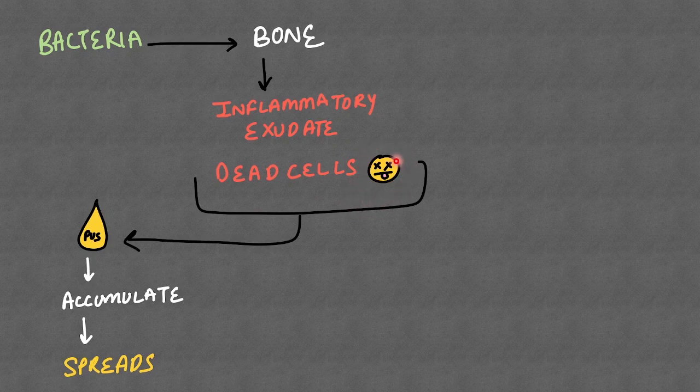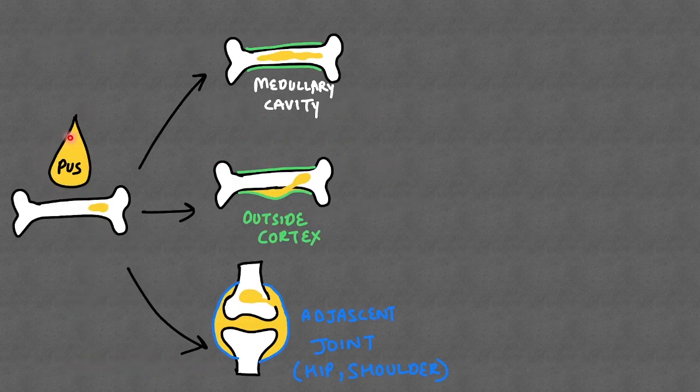These dead neutrophils and the debris or the leftover of this process form the pus, which accumulates inside the bone and spreads through various channels. Now this pus which has been formed inside this bone has to go outside through various channels. The pus can spread inside the medullary cavity and involve the whole of the bone.